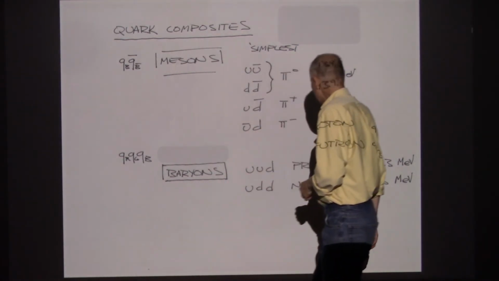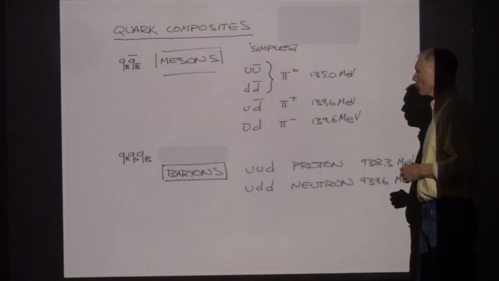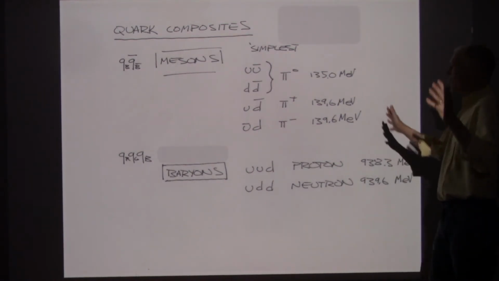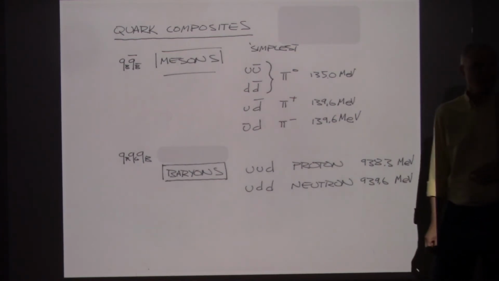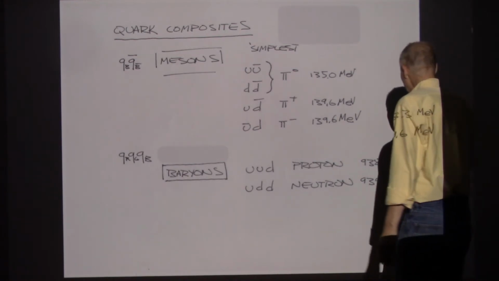Bary means heavy. And protons and neutrons are the most common examples. Now, of all the baryons, researchers have discovered hundreds of them. Different combinations of these quarks have been observed for many, many years now, since the 1950s, I'm thinking.